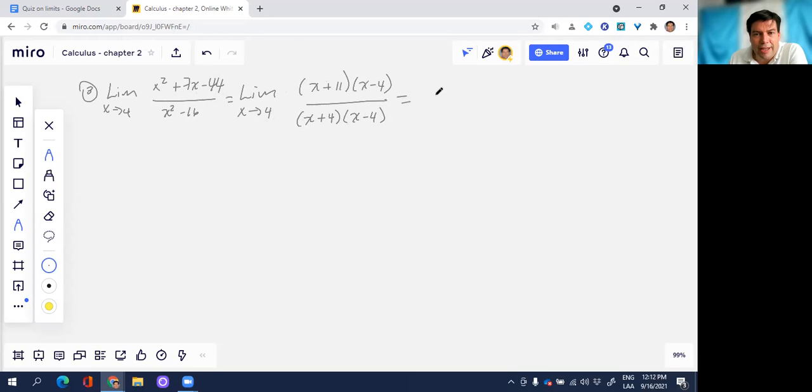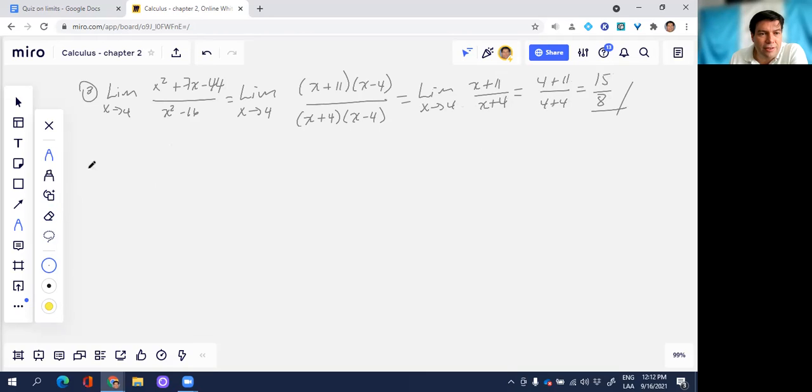The x minus 4 cancel. So this is the limit as x approaches 4 of x plus 11 over x plus 4. And substituting the 4, we get 4 plus 11 over 4 plus 4, which is 15/8. And that's the answer.